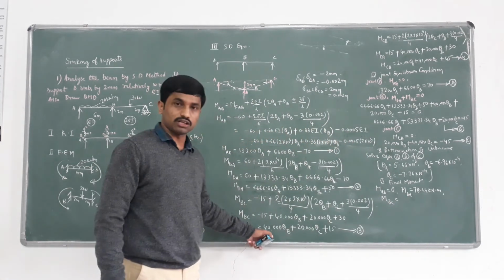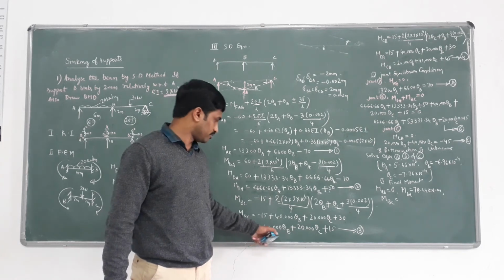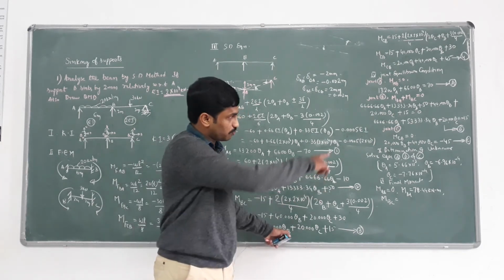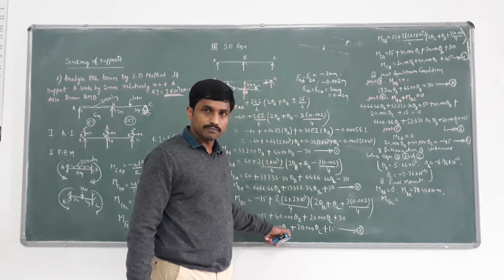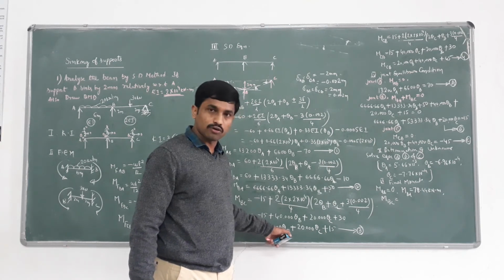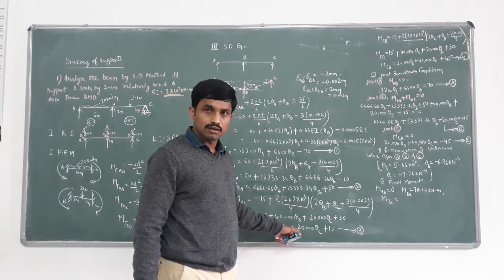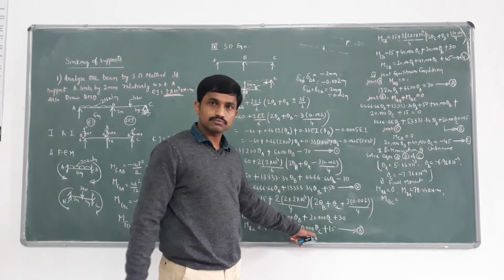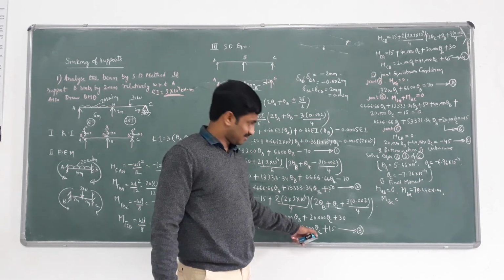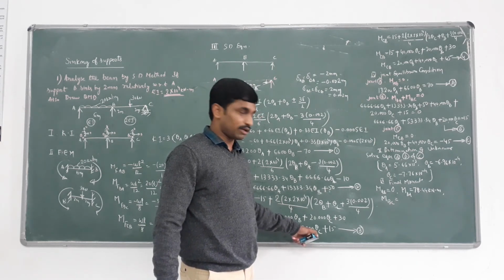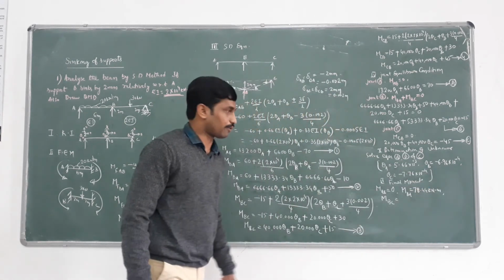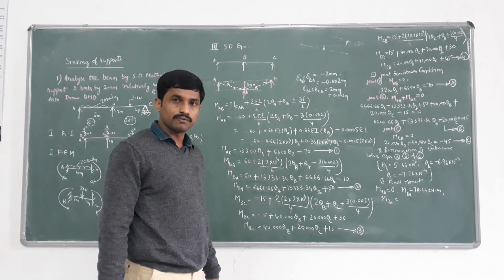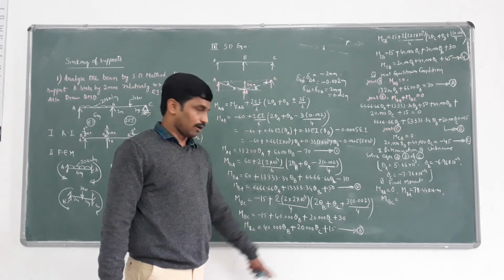This one: 40,000 multiplied by minus 6.96 into 10 power minus 4, plus 20,000 multiplied by minus 28.36 multiplied by minus 7.76 into 10 power minus 4, plus 50.